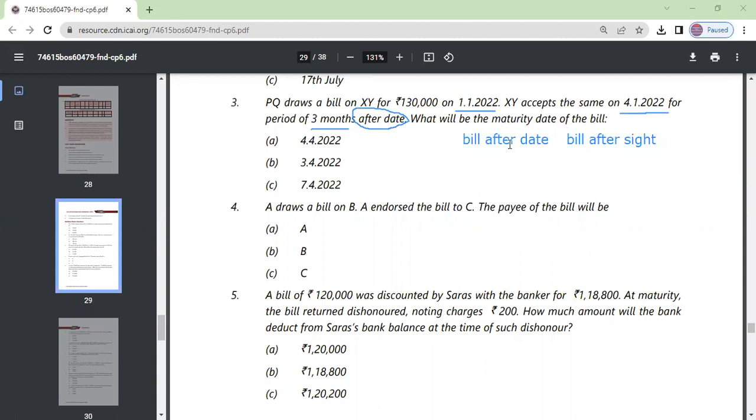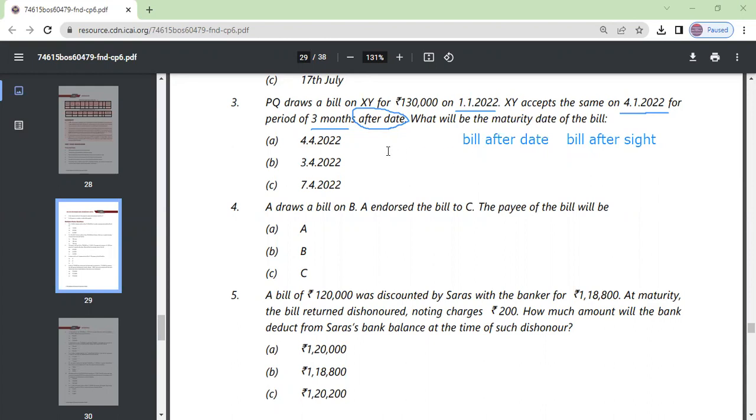Bill after date means the due date is calculated from the date of bill drawn. Bill after sight means the due date or maturity date is calculated from the date of acceptance. Are you clear? So what is the date of acceptance? 4th January.